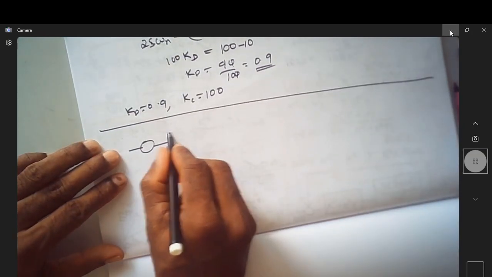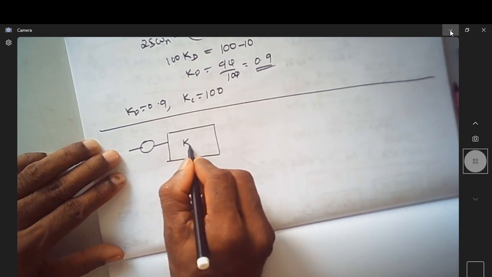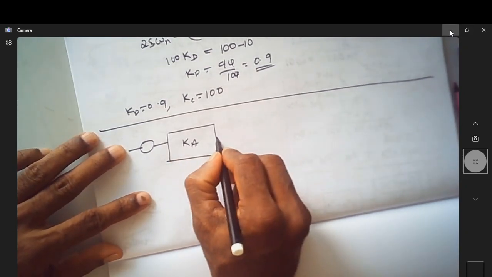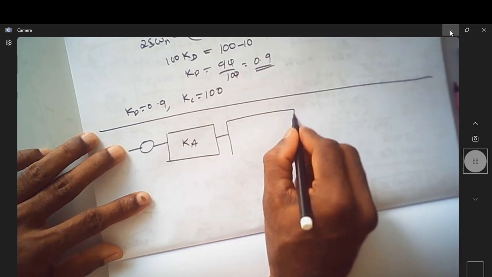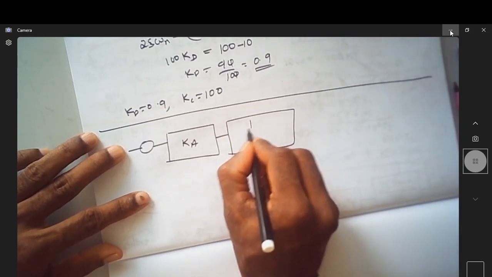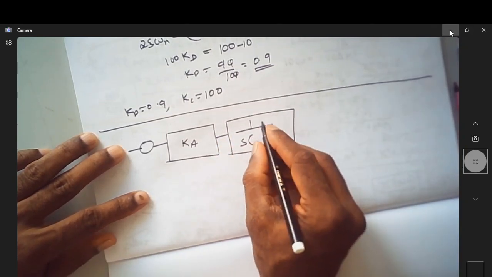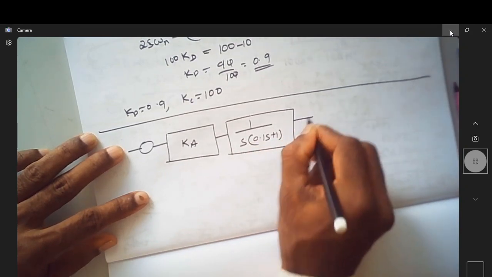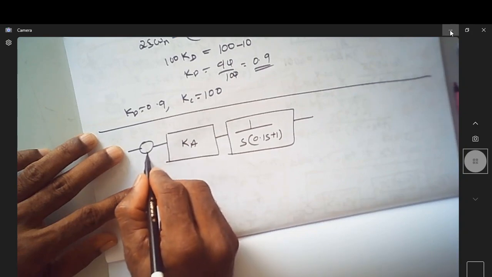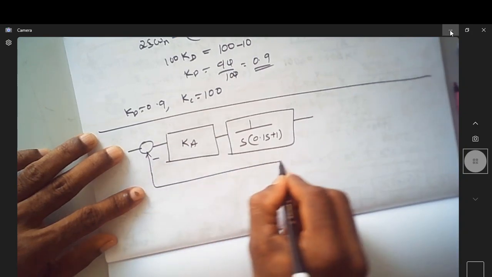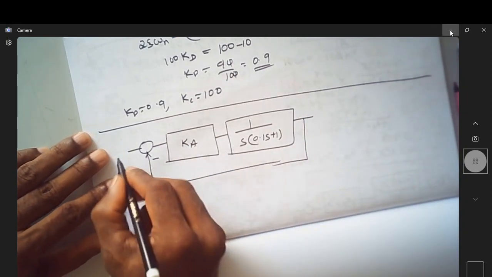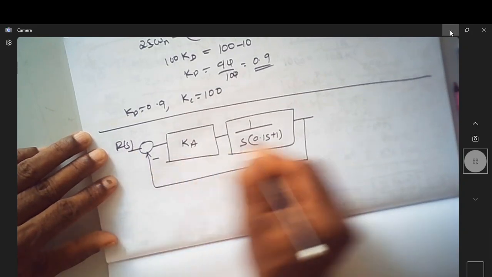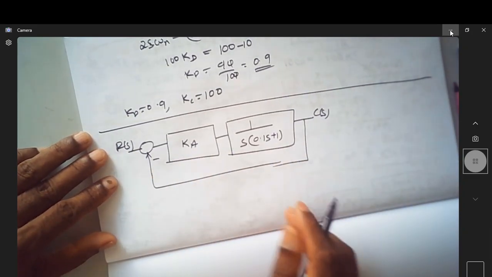This is Ka, and I have this as 1 over s into 0.1 s plus 1, and there is a negative feedback to this. This is R of s, this is C of s.